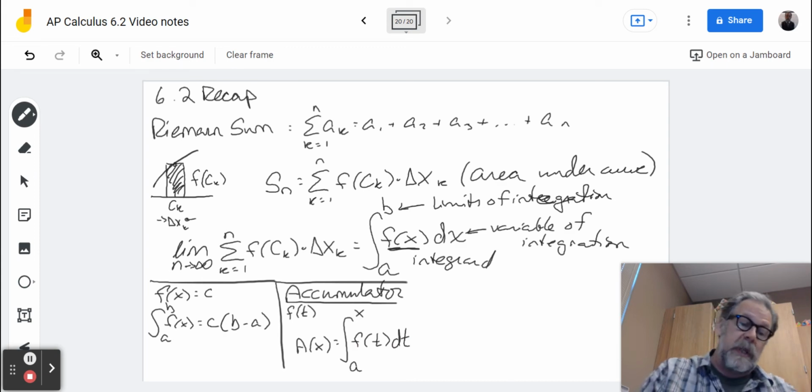So again, notice that the function with respect to time would generally start at a and go to some time, we don't know what it is, and x is somewhere in between the limits of t. You can go back and look at the example that we did in the previous videos if you want more details, but that's just a quick reminder.